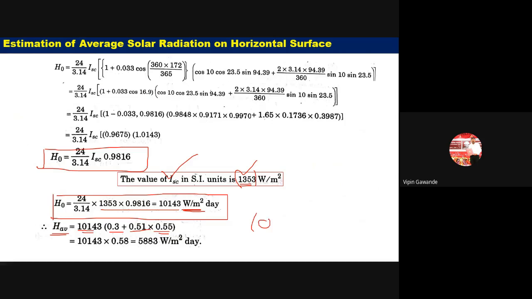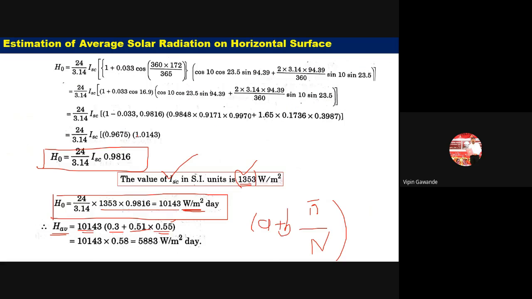So a is 0.3, b is 0.51, and n bar divided by n is given as 0.55 in the problem. These three values are given in the problem. We put those values here and calculated. So H average comes out to be 5883 watt per meter square per day.